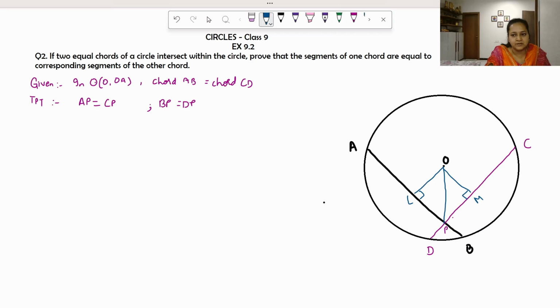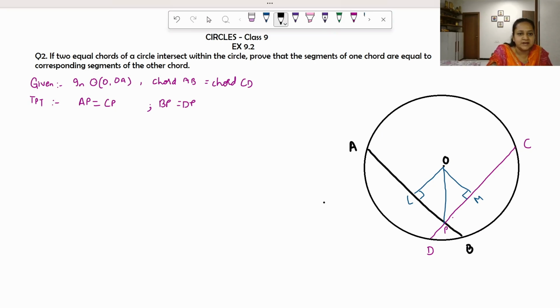AL plus LP, and CP is CM plus MP. When we drop a perpendicular from the center to the chord, it will bisect the chord. Means AL is equal to LB, which is half of AB. Similarly, because OM is perpendicular to CD, CM is equal to DM, which is half of CD. Am I understood?